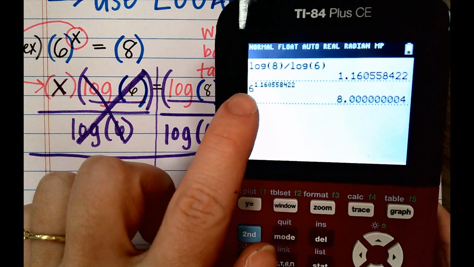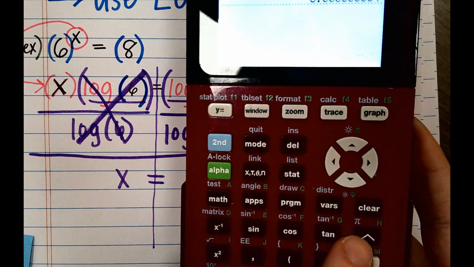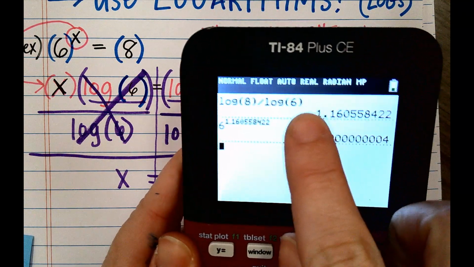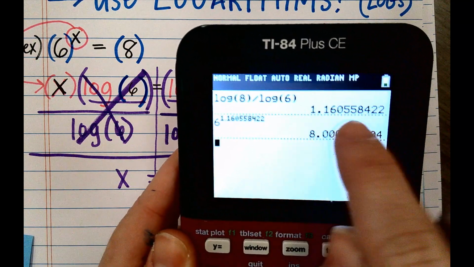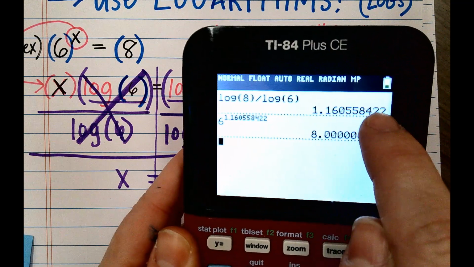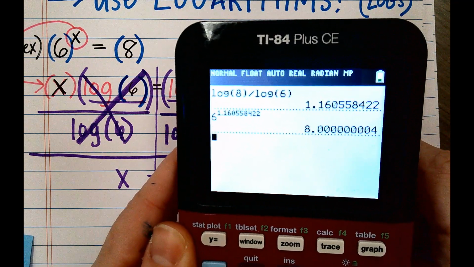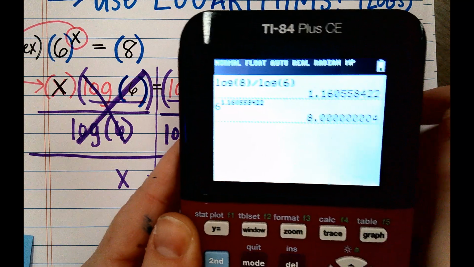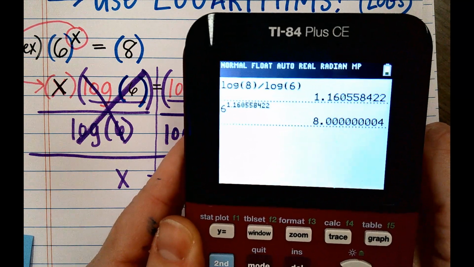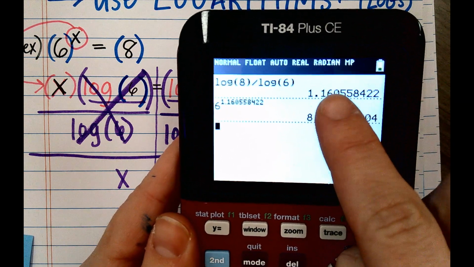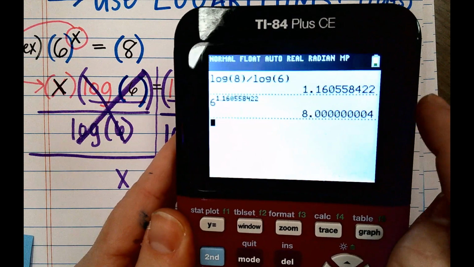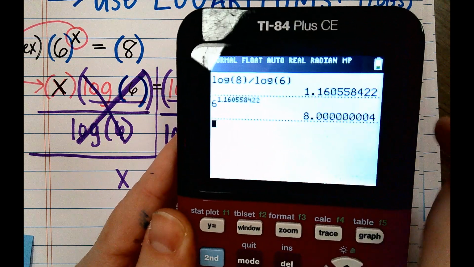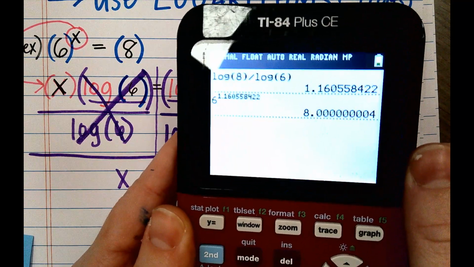I just typed in 6, and then I used the up arrow to get to the exponent position, and then I typed in the number that we just got for x, 1.160558422. When I hit enter, I see that it's very, very close to 8. And it won't be exactly 8 because this number goes on further than my calculator will show me. So it's approximate, it's not exact.